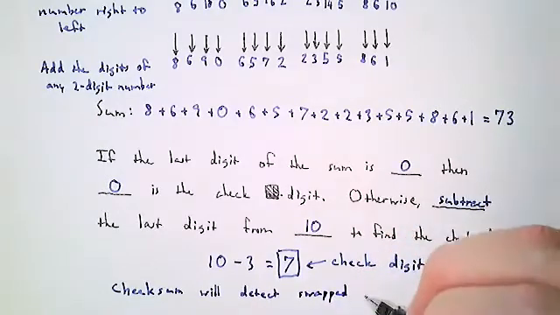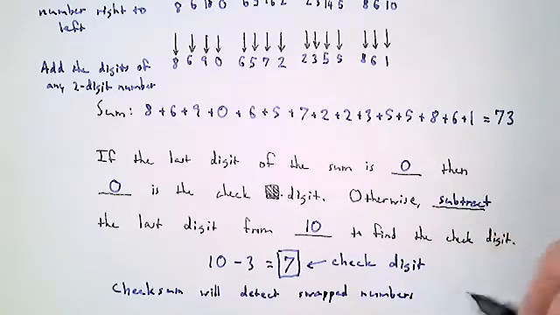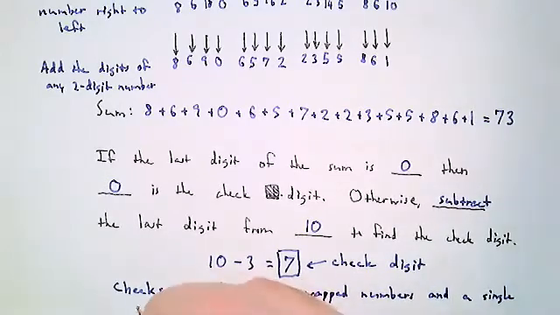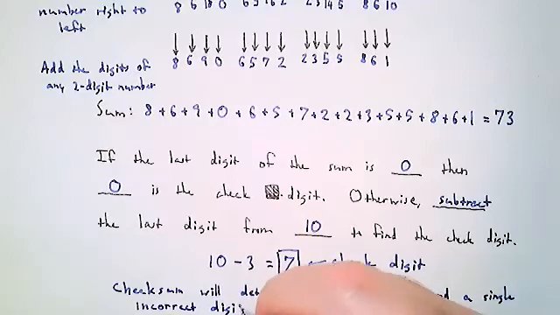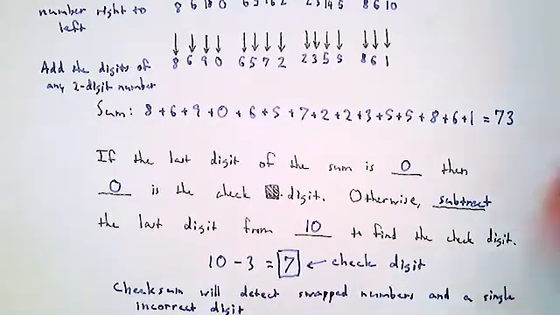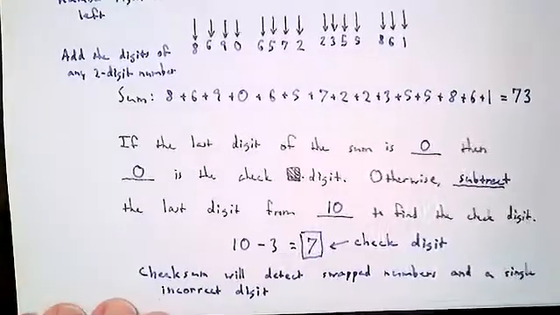So if you swap two numbers, and a single incorrect digit. If you enter two different numbers incorrectly, if you just change two numbers, then it's possible that your checksum is still the same. So it won't check for all errors, but it does catch most of them, the most common kinds.